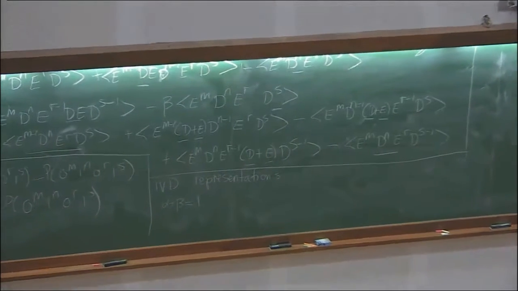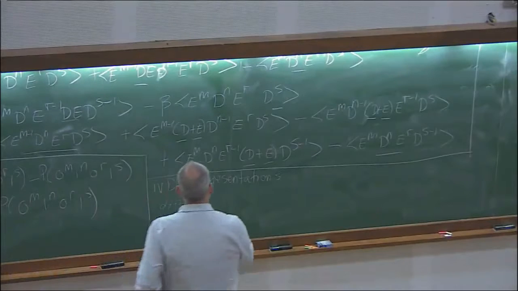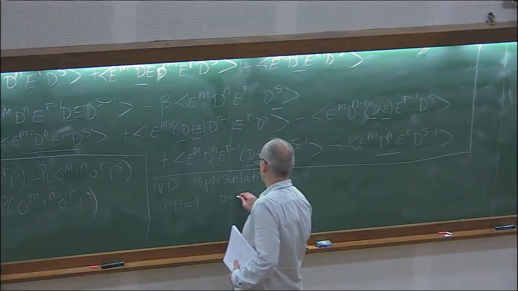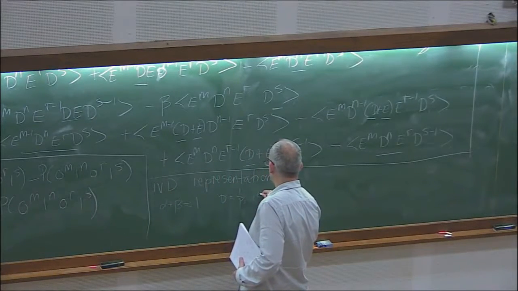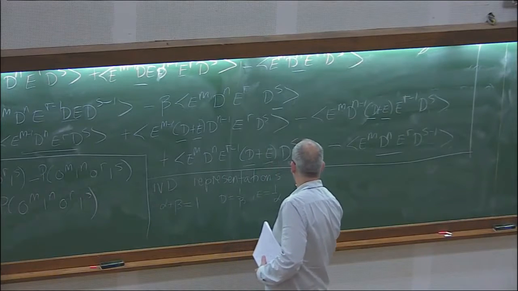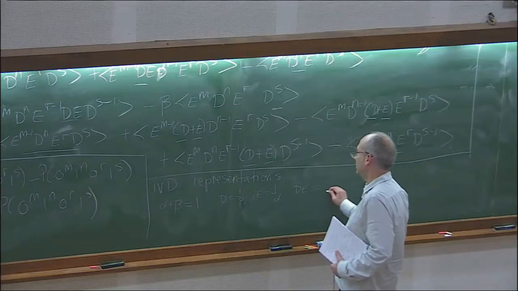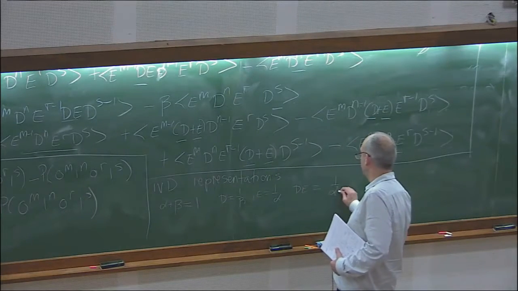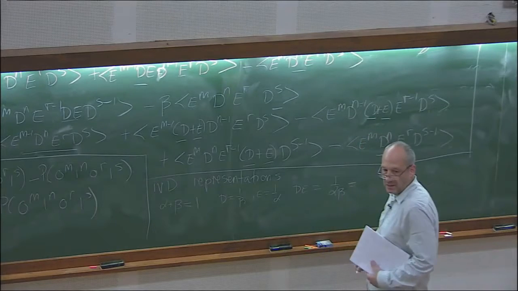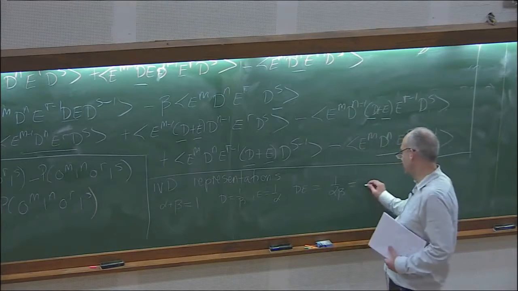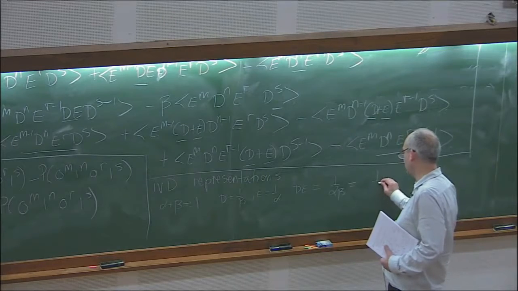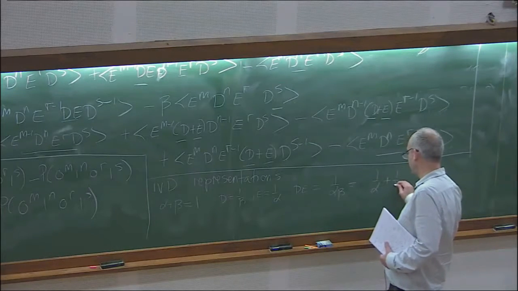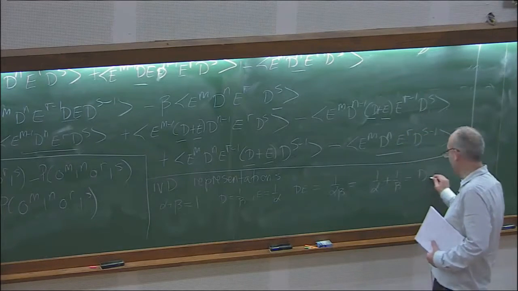So if alpha plus beta equals 1, we can take D equals 1 over beta and E equals 1 over alpha. Then DE will be 1 over alpha beta. And because alpha plus beta equals 1, this equals 1 over alpha plus 1 over beta equals D plus E.